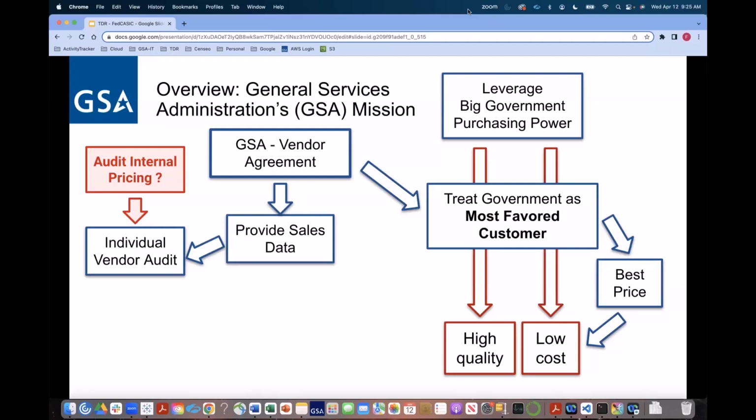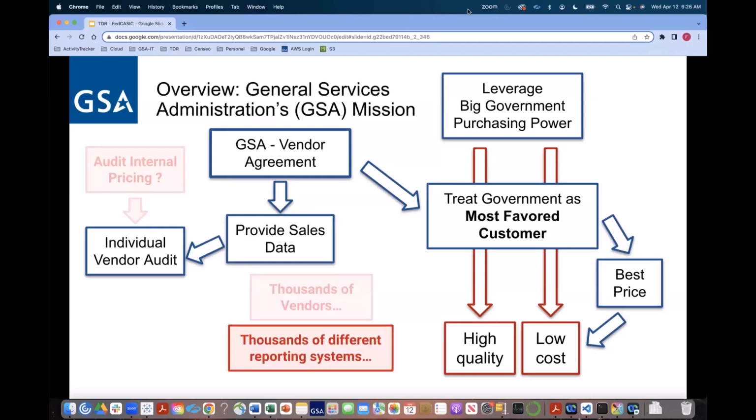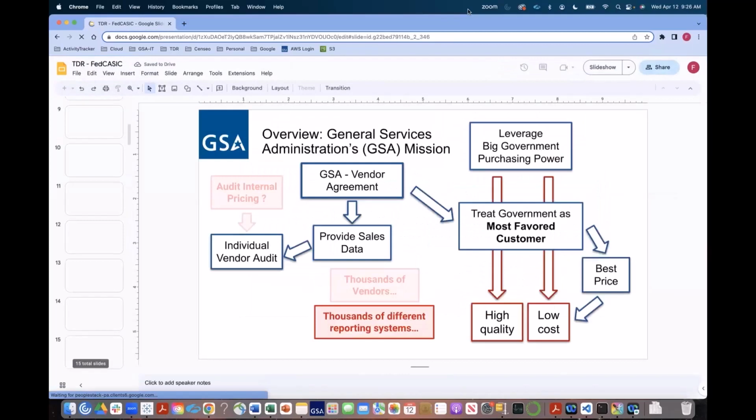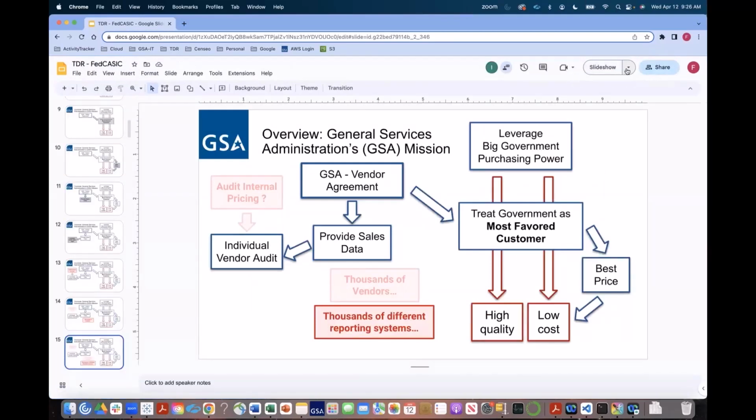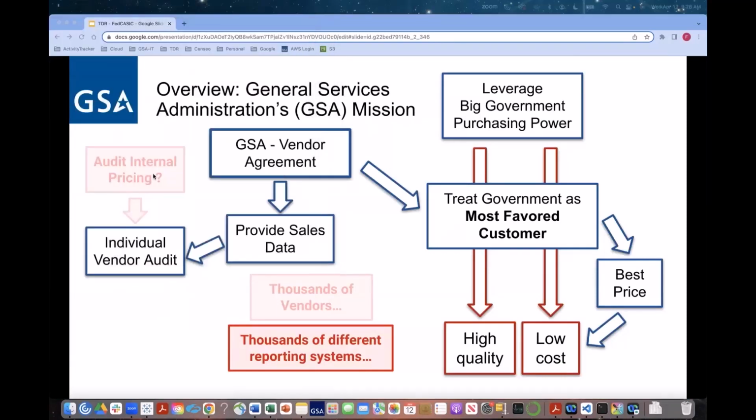But if the audit is happening 2-3 years after the fact, that could be very problematic, especially for small business. So you can imagine thousands of vendors, probably hundreds of thousands of contracts, and multiple reporting systems. That could be very challenging.